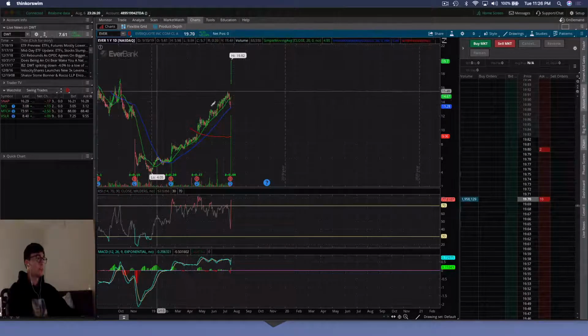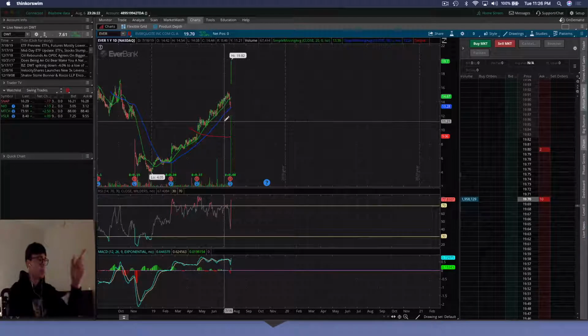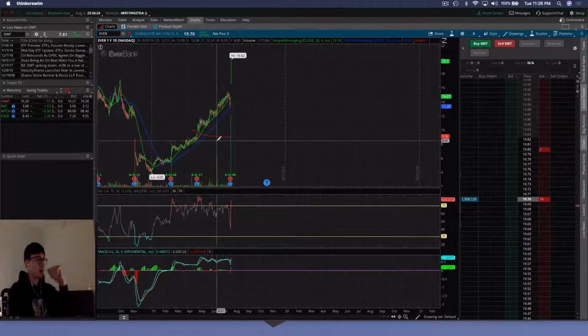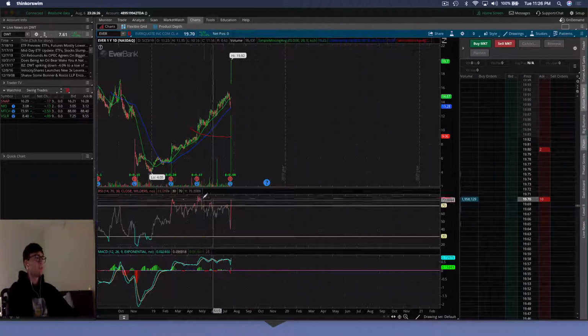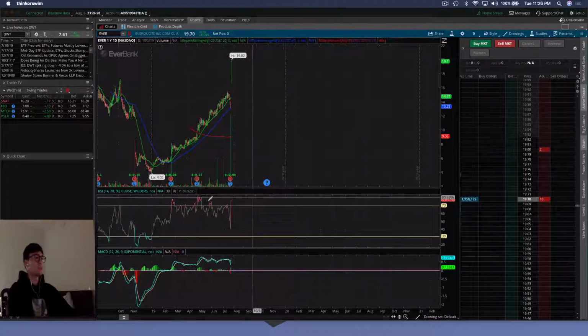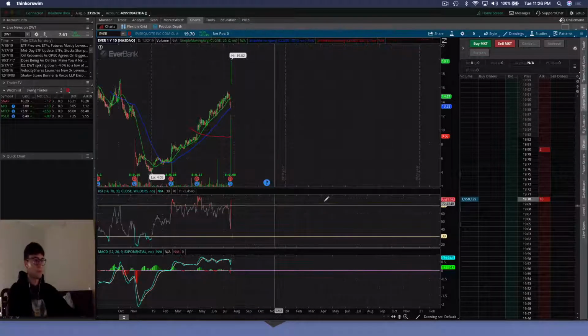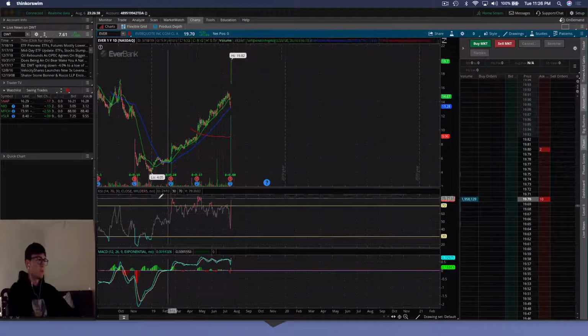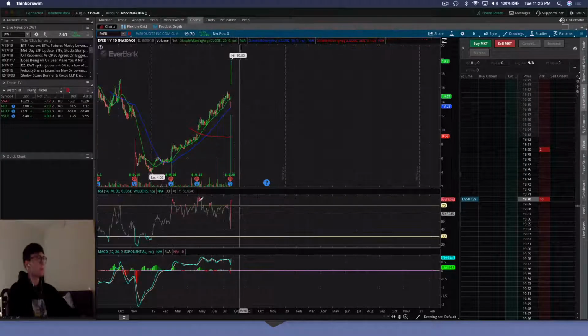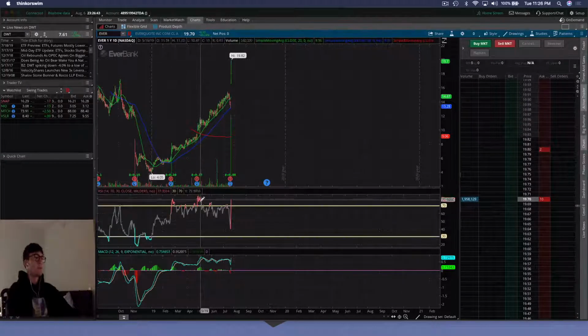As for the MACD, I like to use it in combination with the RSI. The RSI shows you if a stock is overbought or oversold. If it's overbought, it'll be above this 70 line. I'm not sure what the term is to describe that, but if it's above 70, it's overbought.